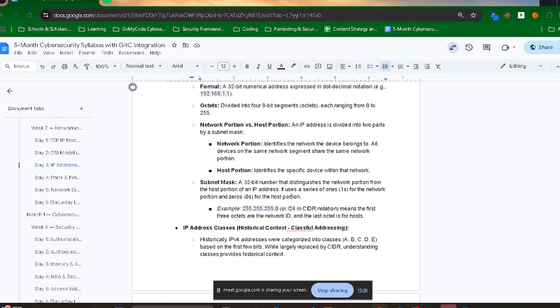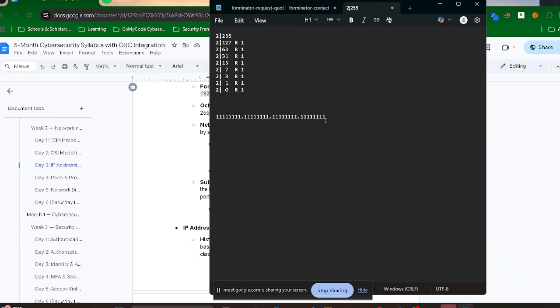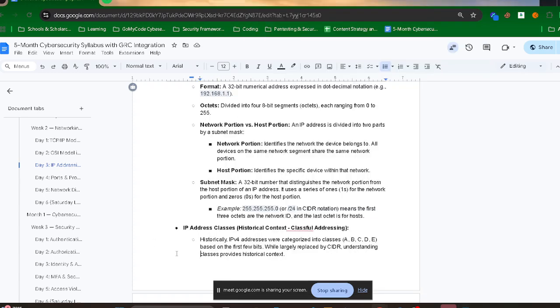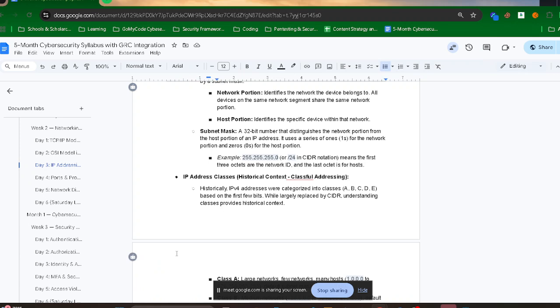So what it means here is that this one is zero and the other ones are one, which means that this part is your network portion and this part is your host portion. You understand? So that's the interpretation. Is it clear now?